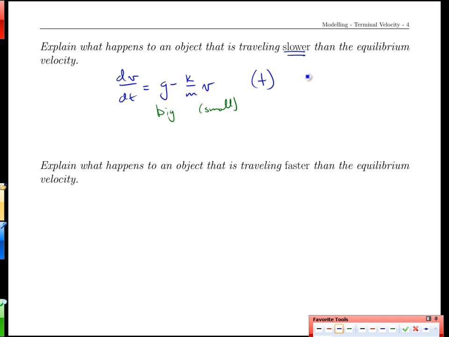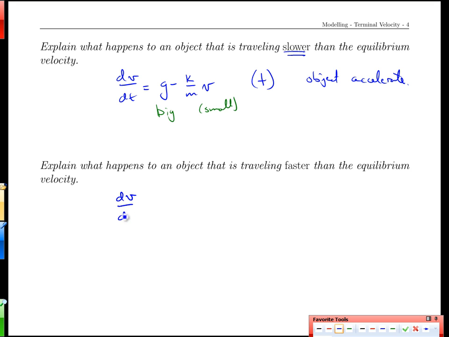And so this tells us that the object will accelerate. What does that mean for us? Well, if we take an object that's not moving, say, and we let go of it, yes, it will have a positive dv/dt, it will accelerate, and it'll continue to accelerate until it approaches its terminal velocity.